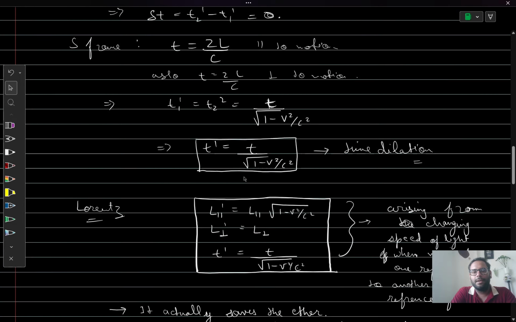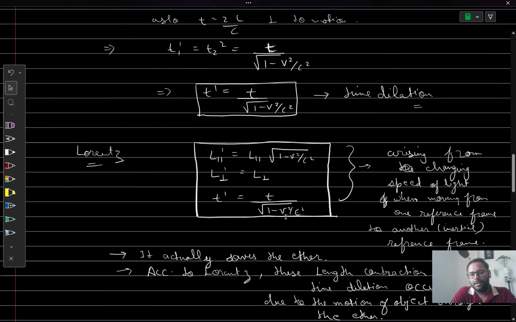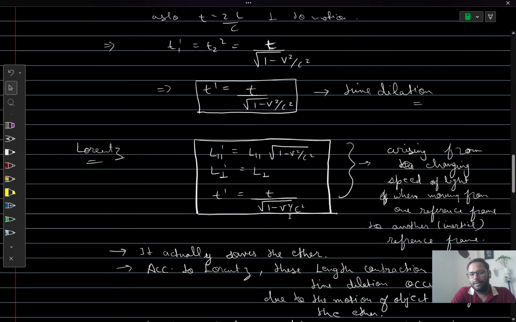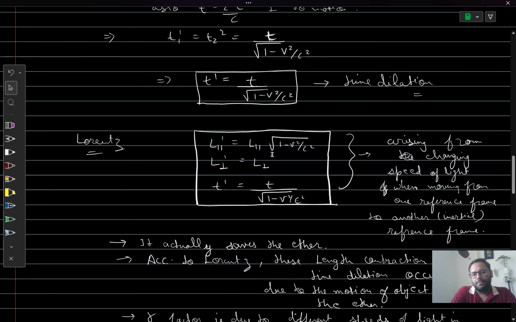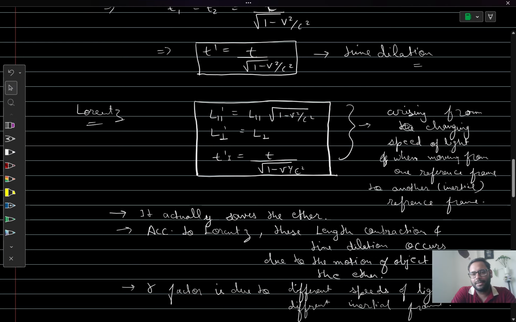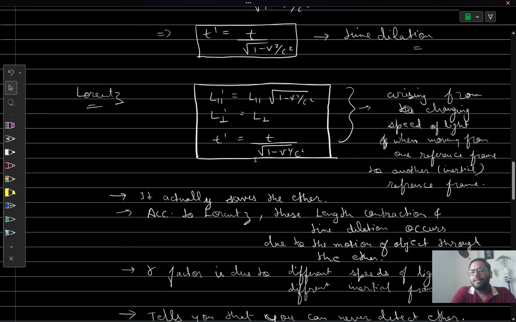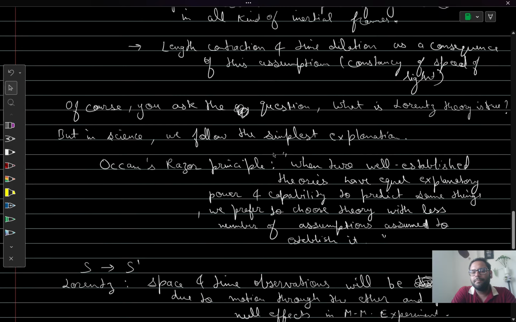But why is the length contraction only in the parallel direction, not in the perpendicular direction? Of course, the time is dilated when we translate our physics from S frame to S prime frame. Okay, but why is the length not contracted in the perpendicular direction, and why is one contracting and one dilating? That is another thing. And why is there a change in length and time?